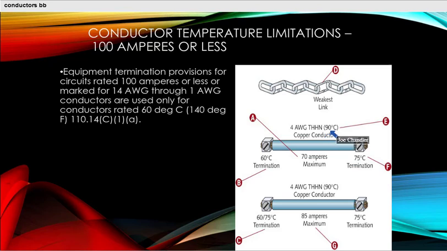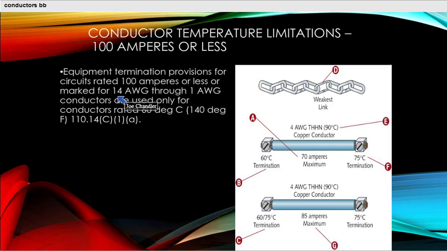Is that all right to do? The answer is no, because I have to base it on the weakest link. Now I see these three different temperature ratings, and I'm going to have to size this wire according to the 60 degree C column, because it is the weakest link inside the chain.